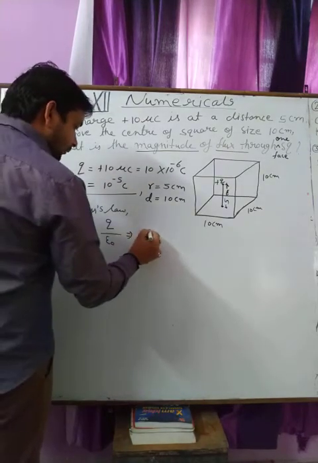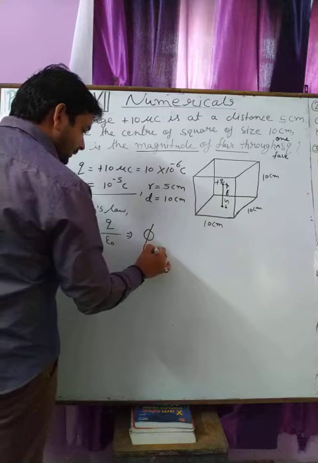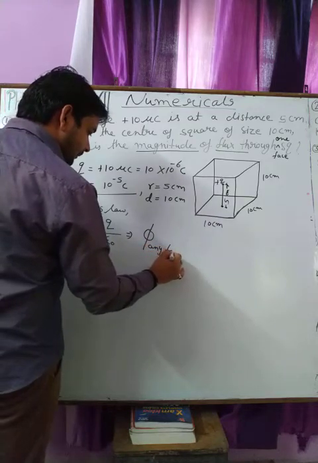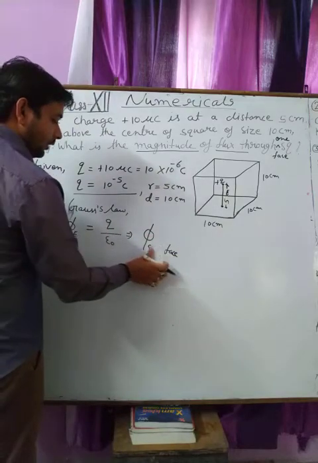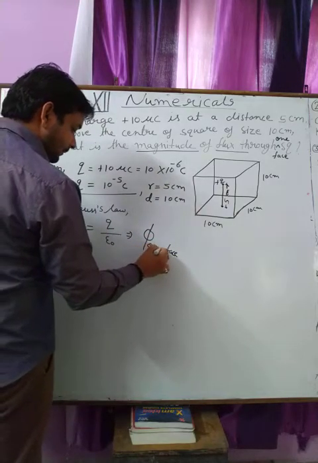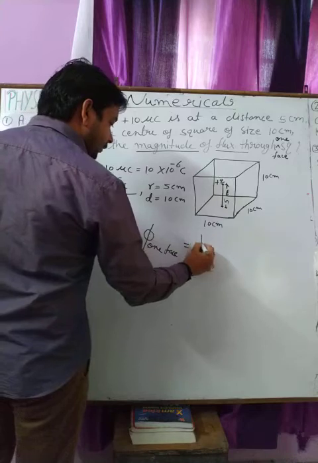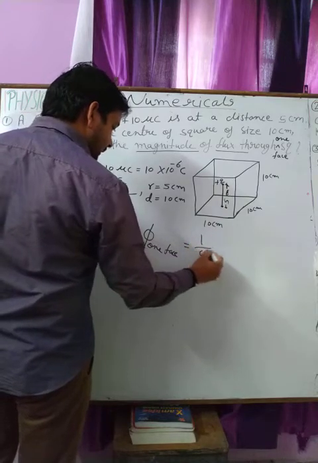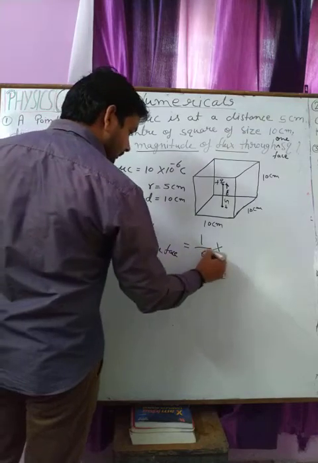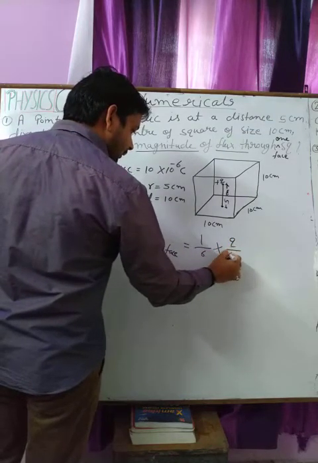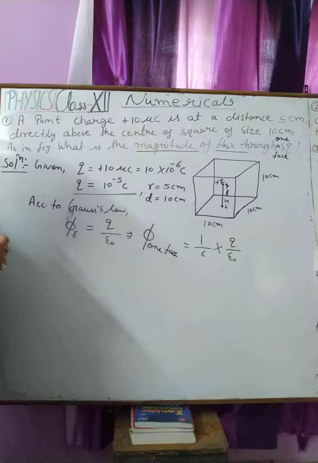Therefore, the flux through any one face is 1 upon 6 into Q upon epsilon naught. Okay.